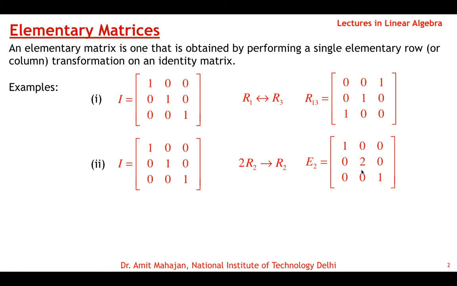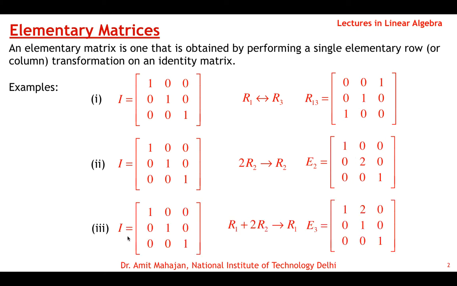This matrix, which is denoted A2, is again an elementary matrix, because it is obtained from the identity matrix by applying a single elementary row operation. If from R13 I apply another transformation, the new matrix will not be an elementary matrix, because it is obtained by a two-step procedure. Just one elementary operation on the identity, and whatever matrix you get, you call it an elementary matrix.